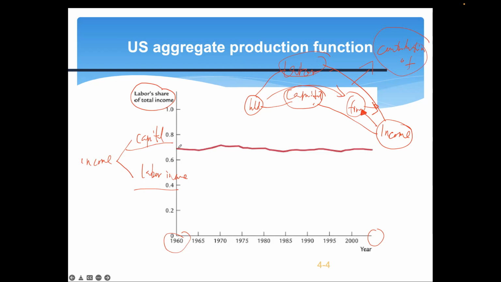Now, if you look at it here, you can see the labor share of total income, or in other words, labor's contribution in producing our total GDP, is rather stable. These numbers are around 0.7. And this is going to give us a basis for the F function.